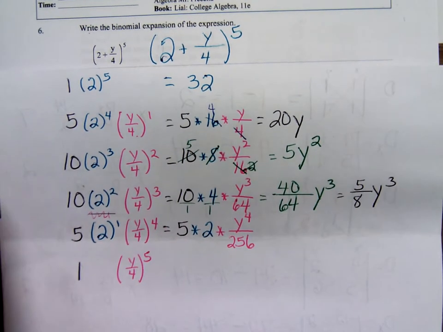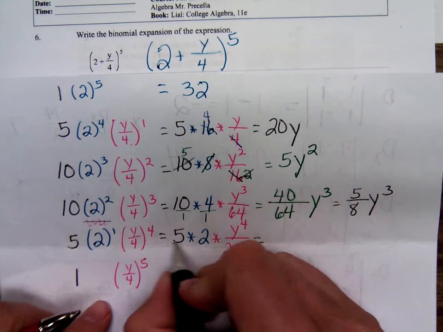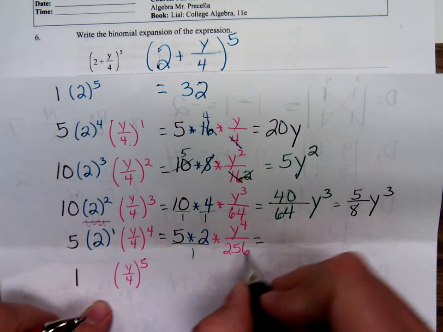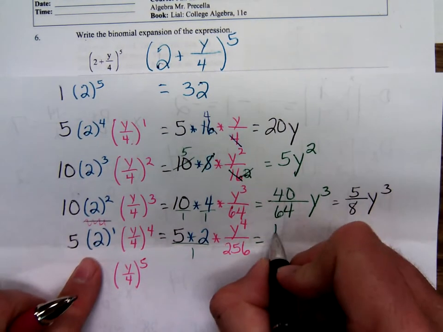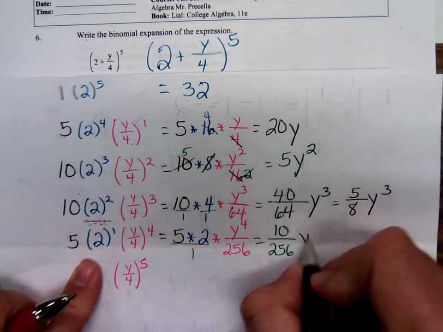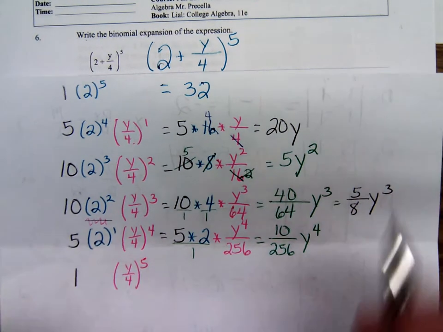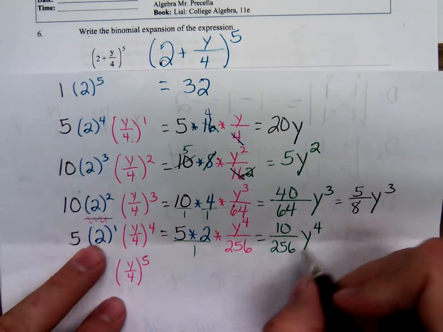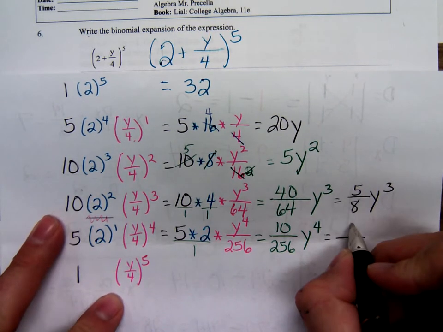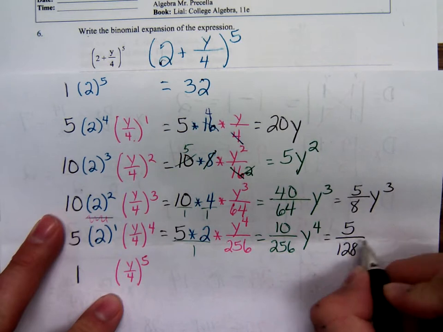You can either do the cross canceling, but I know some of y'all don't like to do that. You just write it as 10 over 256, and then you've got to reduce. 10 over 256, you can divide each of those by 2 to get 5 over 128 y to the fourth.